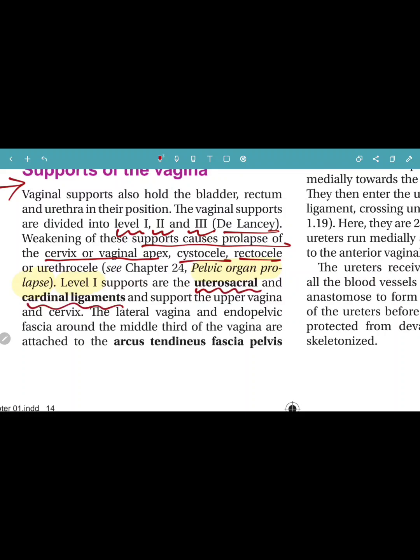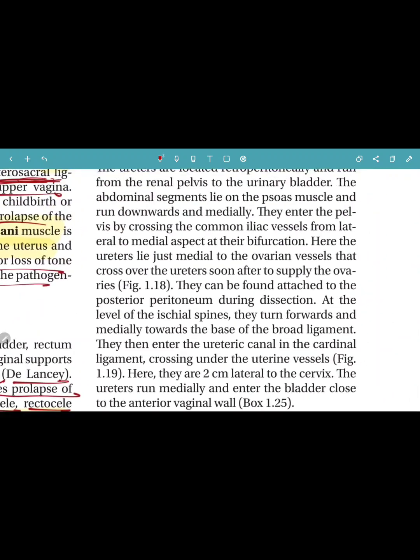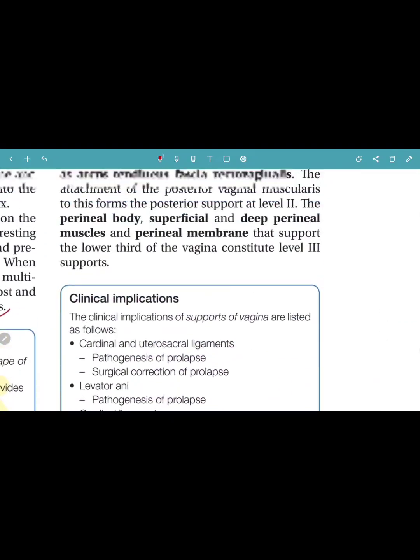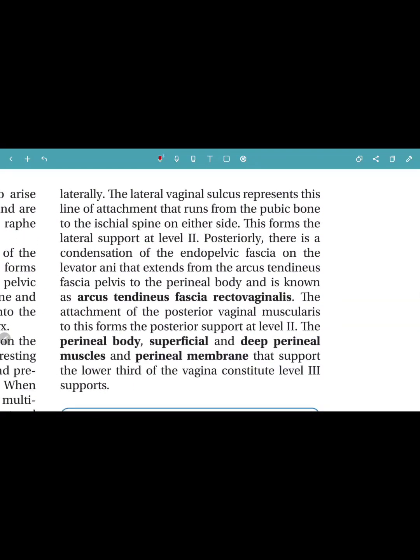The lateral vagina and the endopelvic fascia around the middle third of the vagina are attached to the arcus tendineus fascia pelvis. The lateral vaginal sulcus represents this line of attachment that runs from the pubic bone to the ischial spine on either side. This forms the lateral support at level 2.